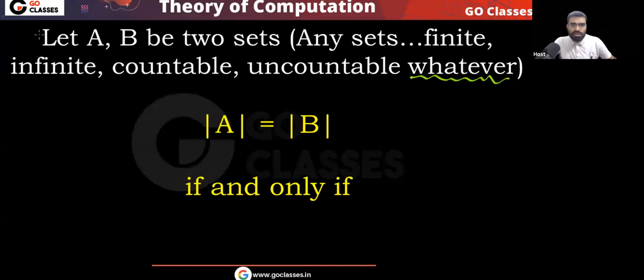So whatever two sets you take, when can you say set A's cardinality is equal to set B's cardinality? If and only if there exists a bijection between A and B. Yes or no?